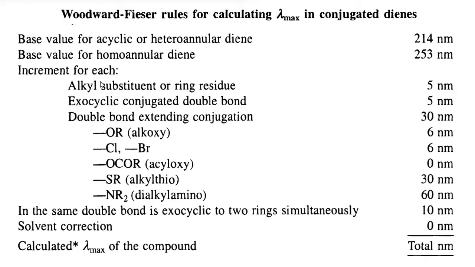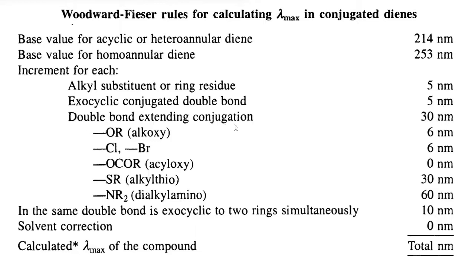See the increments for each component. Alkyl substituent or ring residue, we have to add 5 nanometer. For exocyclic conjugated double bond, we add an increment of 5 nanometer in lambda max.